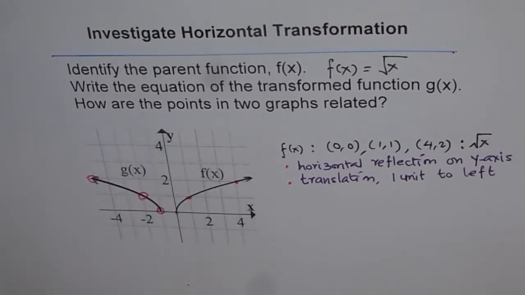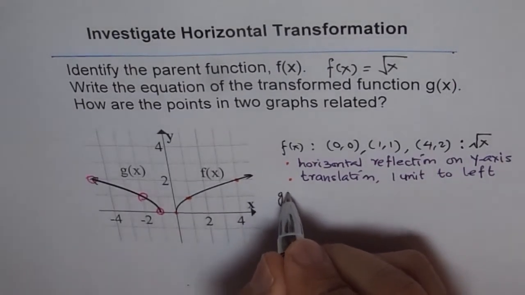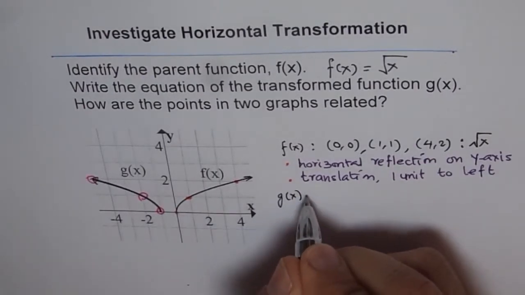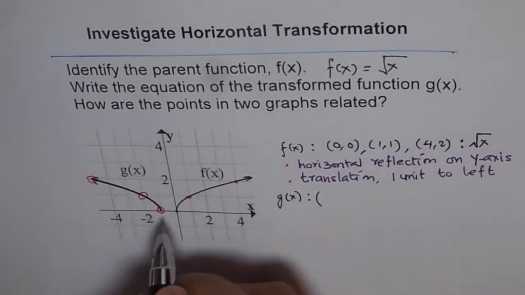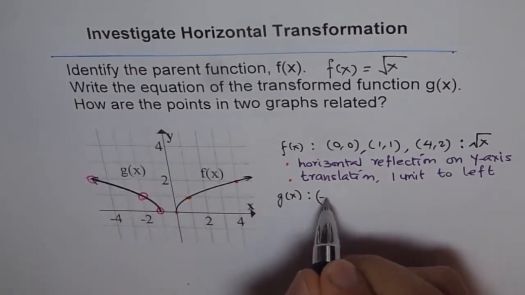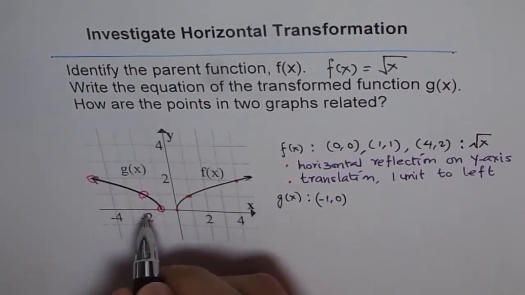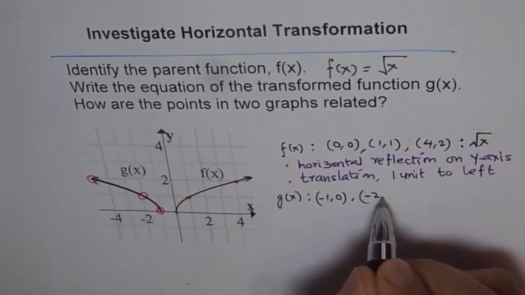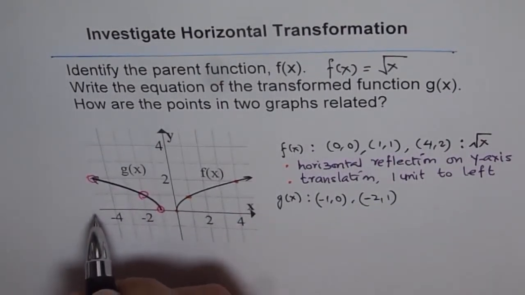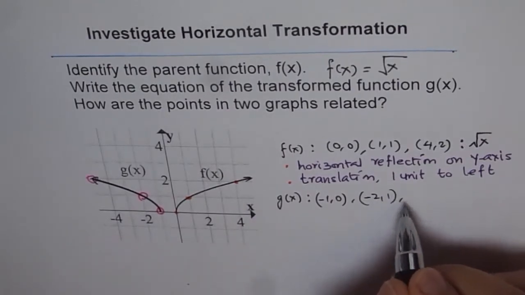On g of x, the points are here we have (-1, 0). So the 0 has moved one unit to the left, (-1, 0). And then we have (-2, 1). And then (-5, 2).